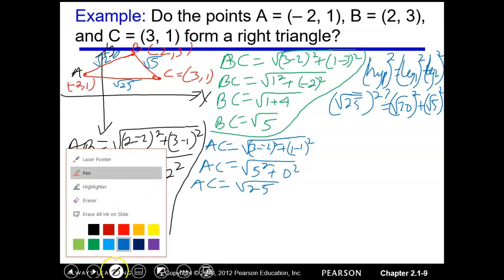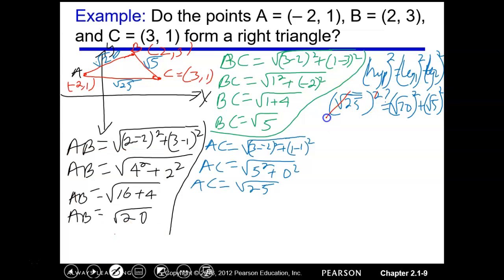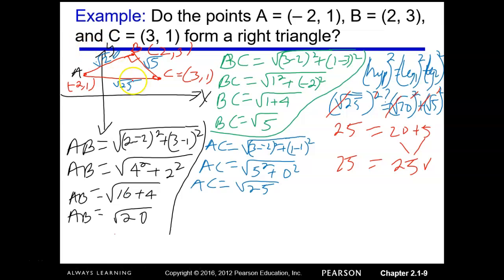Well, squaring removes the square root, so we just have 25 equals 20 plus 5. 20 plus 5 is 25. 25 does equal 25. So yes, there's a right triangle. So this is a right triangle.